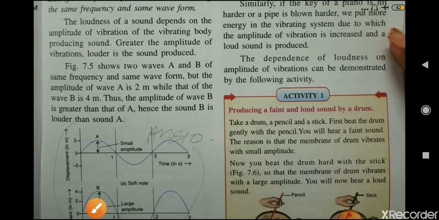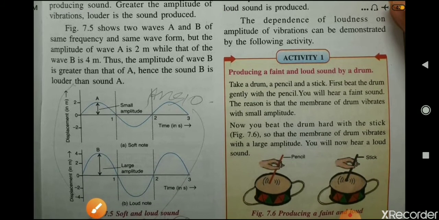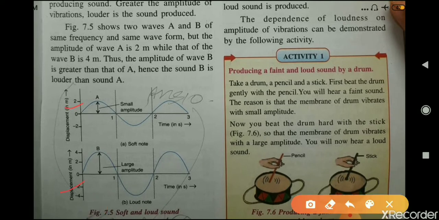As you can see here, two waveforms A and B. Both have the same frequency and same waveform, but the amplitude, the maximum displacement of the particle from its mean position, varies. Here it is 2 meter and here it is 4 meter. So here the amplitude is large as compared to waveform A. Therefore, the sound produced by this wave is greater.